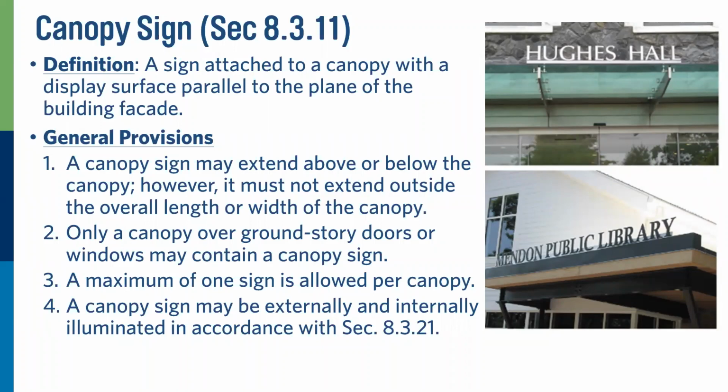Only canopies over the ground story doors may contain a sign, again, just like the awning sign. But you're only allowed a maximum of 1 sign per canopy. The canopy sign may be externally and internally illuminated, so you can light up a canopy sign.